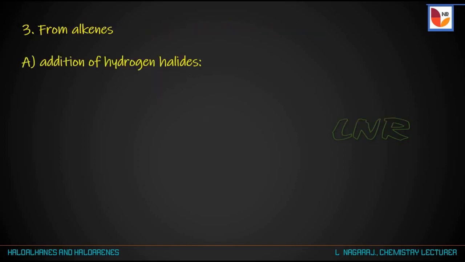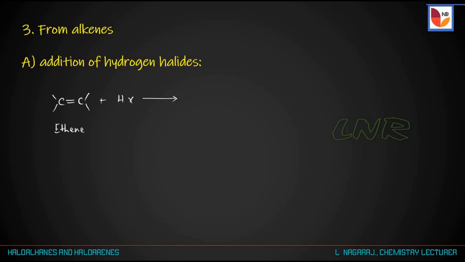Next method is preparation of alkyl halides by using alkenes. Here, when alkenes are treated with hydrogen halides, they give two products. However, only one is the major product as per Markovnikov's rule. For example, let us take ethene.